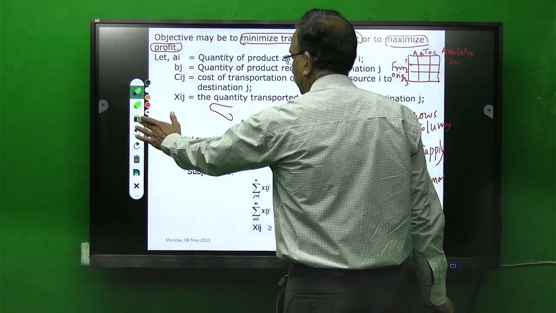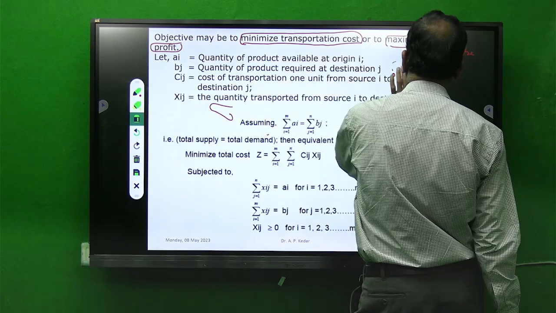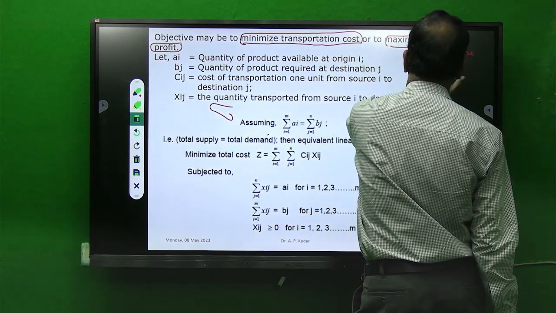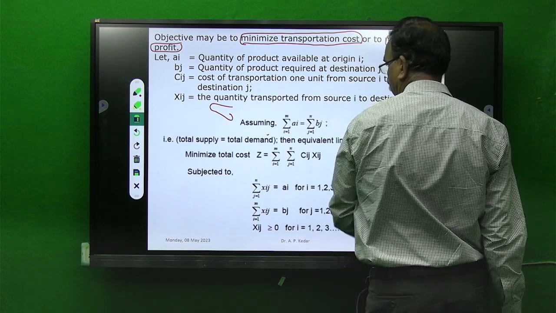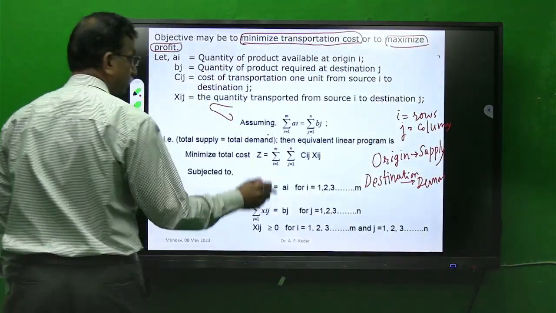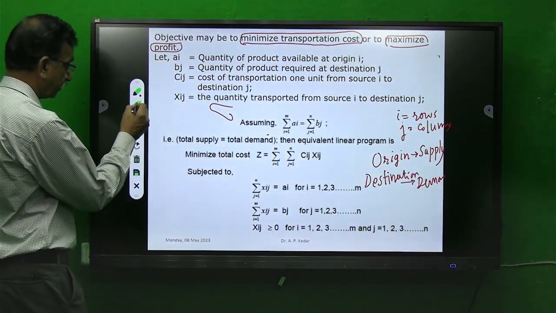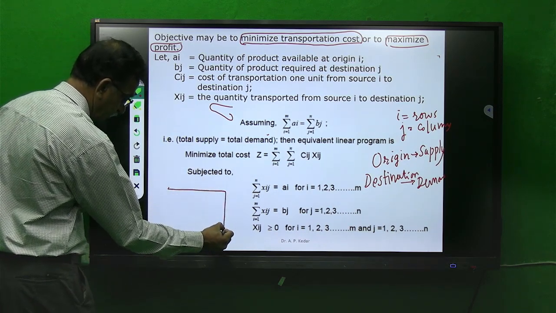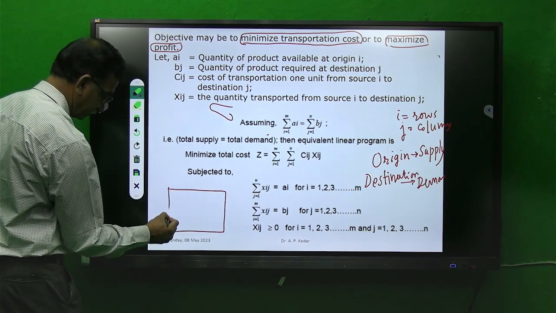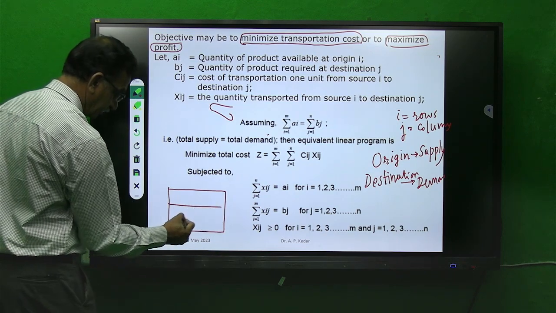Or let me draw a bigger matrix. I will draw that bigger matrix over here to understand the concept. Suppose the things are like this.